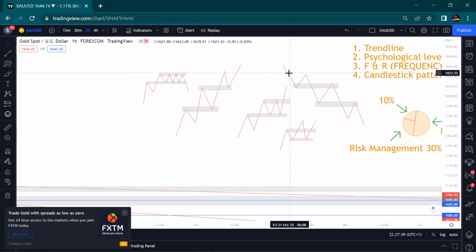The reason why people look at gold as if it's that difficult to trade is because they use one approach when going to trade gold. Like let's say for instance, you have a particular strategy that you use on a trending market or on a consolidating market, because the market moves in three phases: either it's trending up or down, or it's ranging. Those are the three phases here.